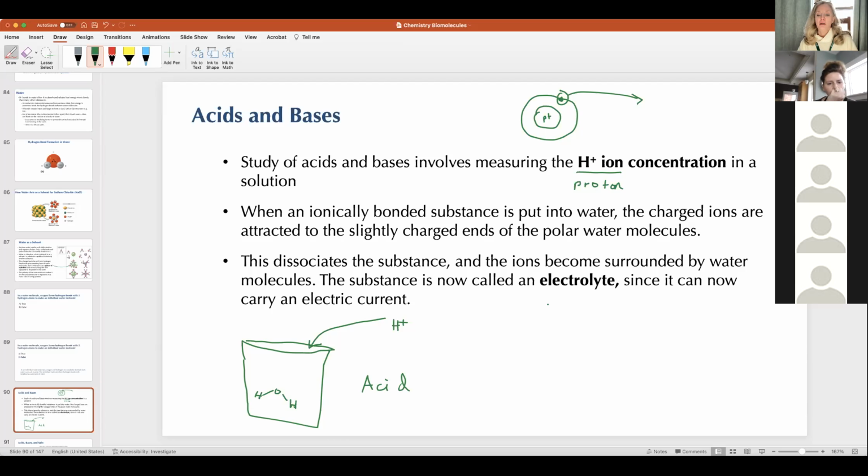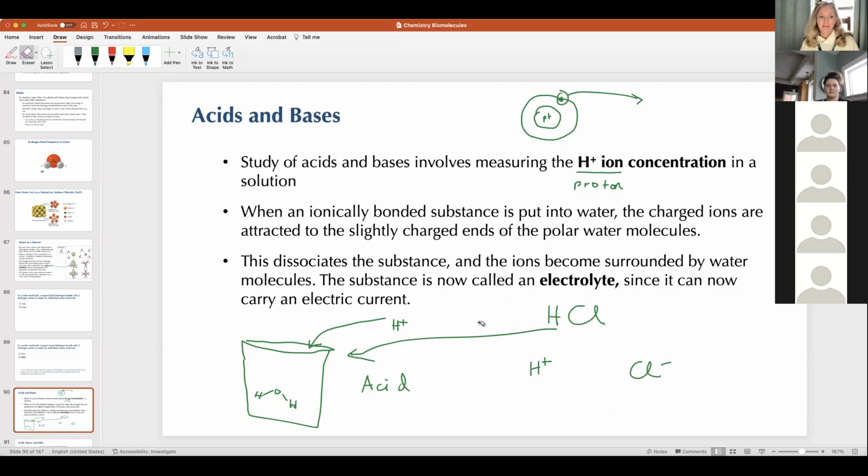Like we know, hydrochloric acid, HCl, right? So if we put HCl, for instance, in this water, what's going to happen? Because of hydrogen bonding, you're going to separate the H pluses and the Cl minuses. And so all these O's are going to orient around the chloride and keep them away from the H pluses. I'm sorry, I just did that backwards. Big brain fart.